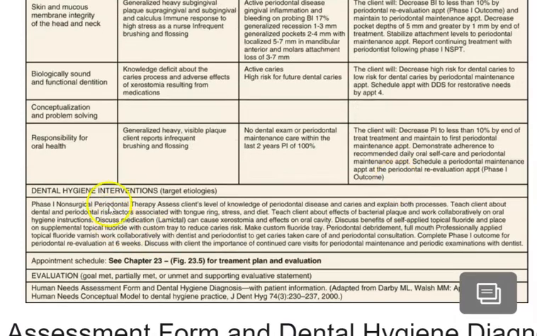So when you look at the dental hygiene interventions, they talk about everything they're going to do to help with this issue, because every problem needs to be addressed. I'm going to teach them about plaque and how this happens, and we're going to teach them how to properly brush and how to properly floss. We're going to teach them about what medication they're taking that's causing xerostomia and what they can do about it. We're going to give them fluoride, because fluoride will help them with their cavities. We're going to give them a full mouth periodontal debridement.